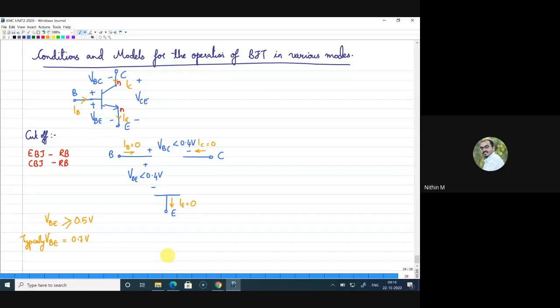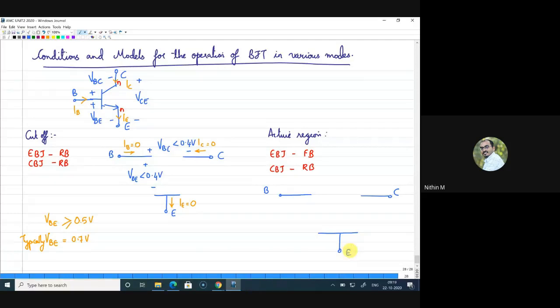Okay, if this is clear, let me proceed to the next region, which is the active region, where I know that the emitter base junction is forward biased and the collector base junction is reverse biased. This is the condition, right? Now if I write a model here, again this is base, collector and emitter.